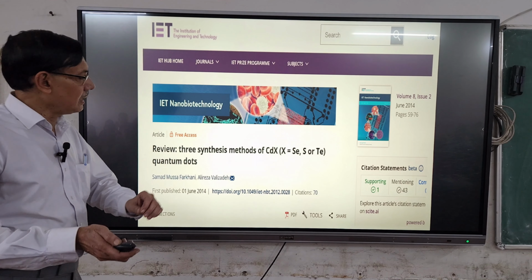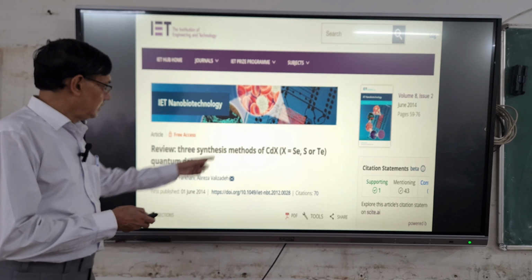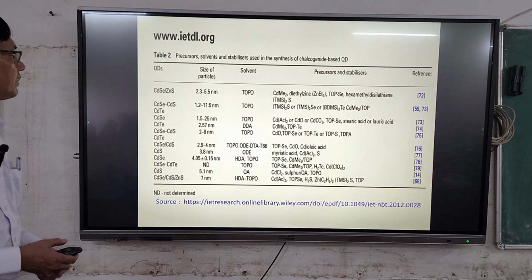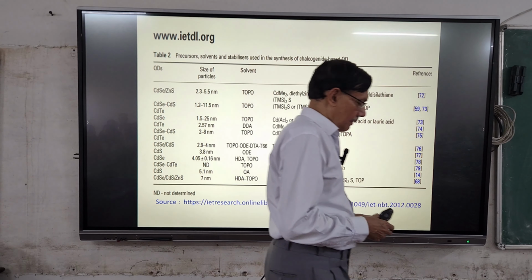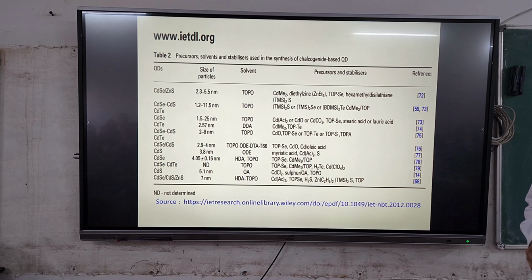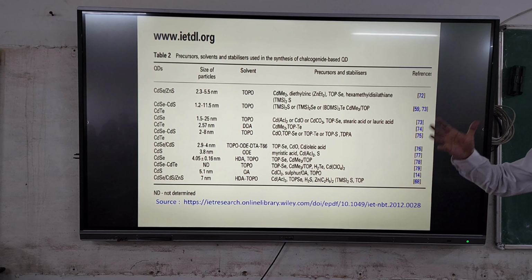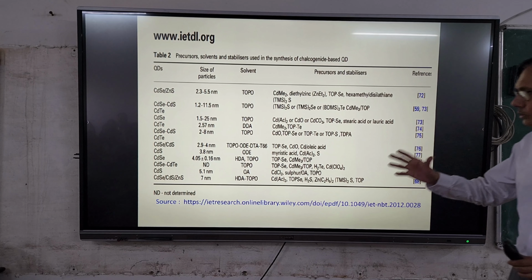Some of my methods are based on this review article. As in the study of metallic nanoparticles, you have seen there are a large number of precursors, reducing agents, and capping agents or stabilizers. Here it is also the same thing.